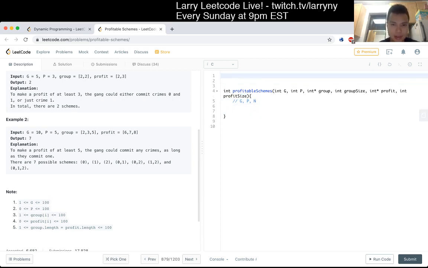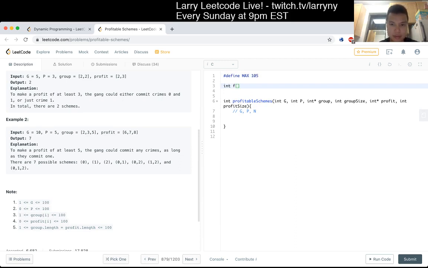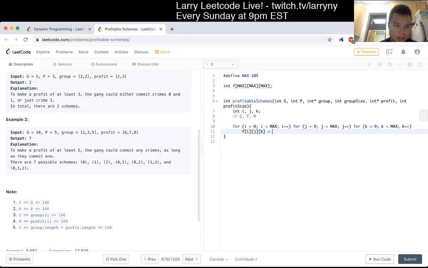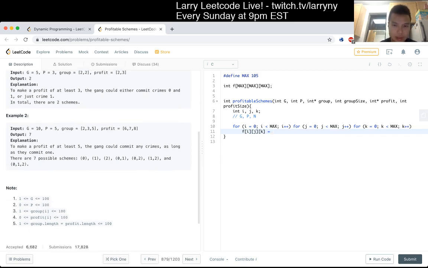I think the dimensions. Okay. Oh, so this is the number of ways that you could do it, I guess.